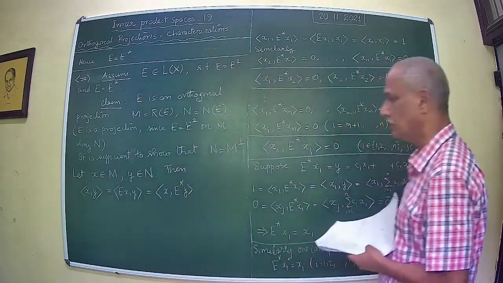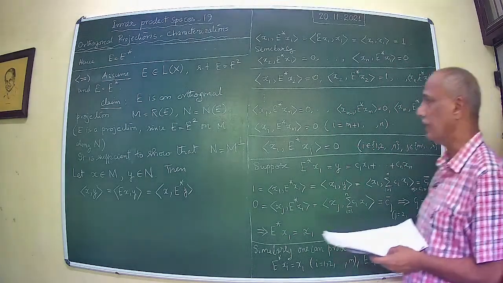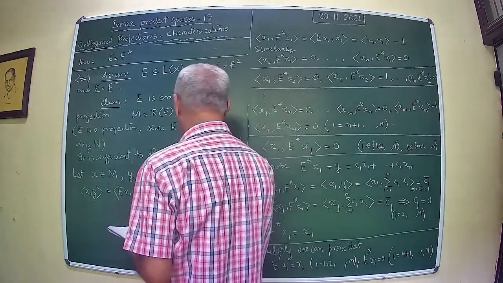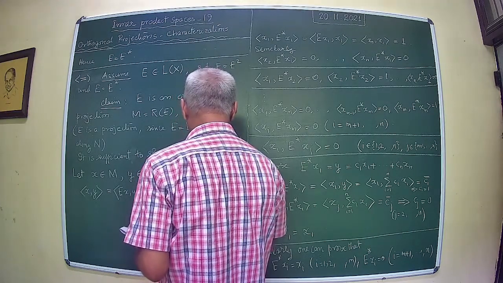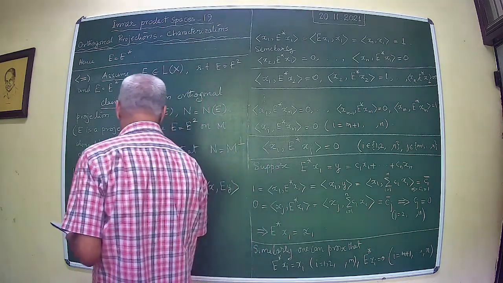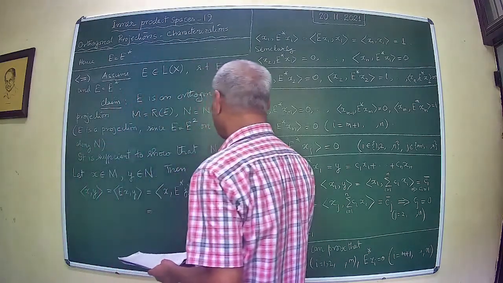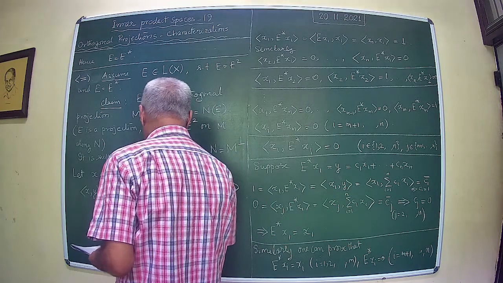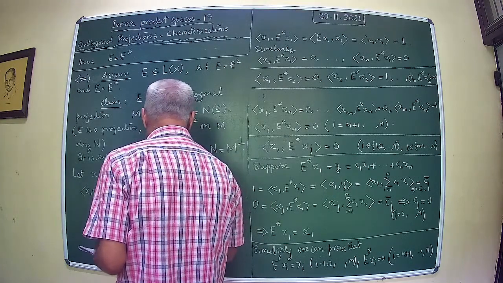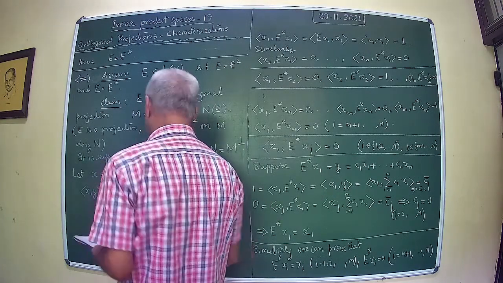E star is the adjoint of E. But we are given that E star equals E. Therefore, this is x, Ey. But then you know that y is in N and Ey equals 0. Therefore, this is x, 0.